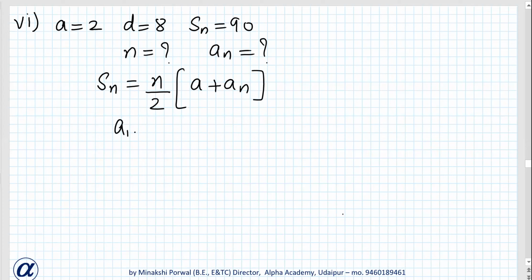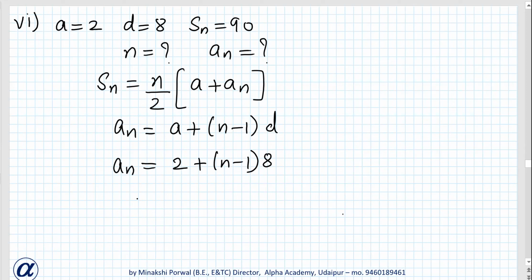So An equals A plus n minus 1 D. A is 2, n we don't know, and D is 8. So An is 2 plus 8n minus 8, that is equal to 8n minus 6. This is An.